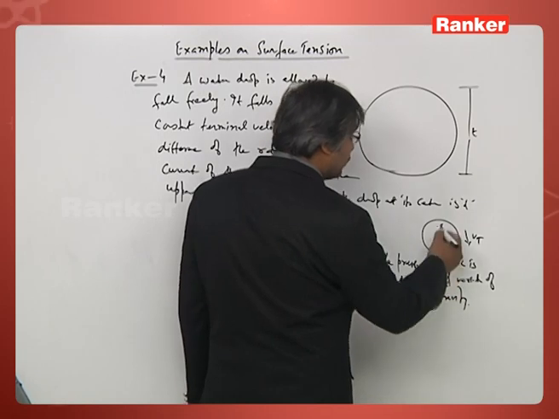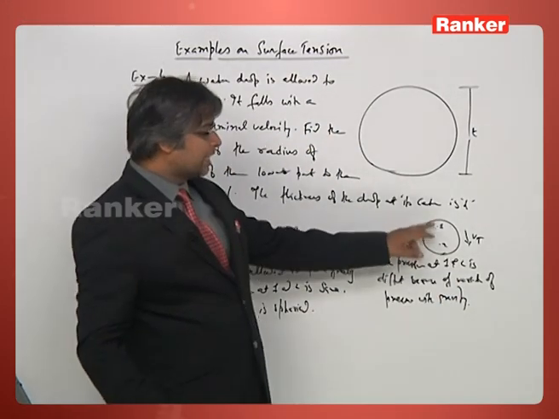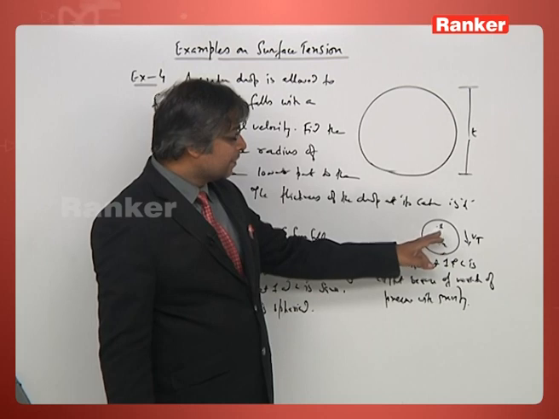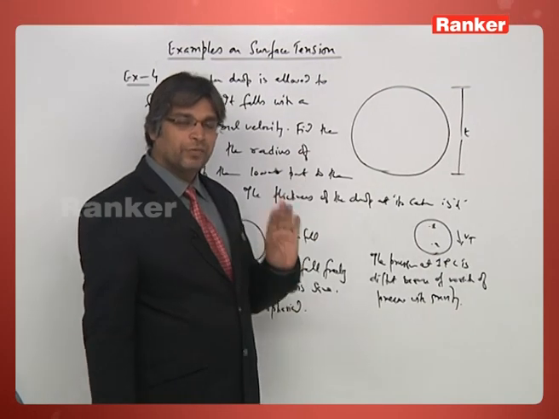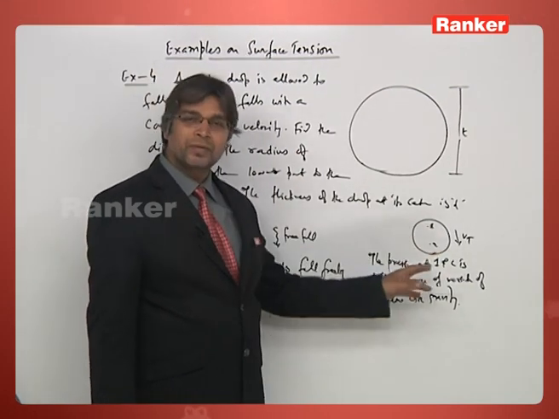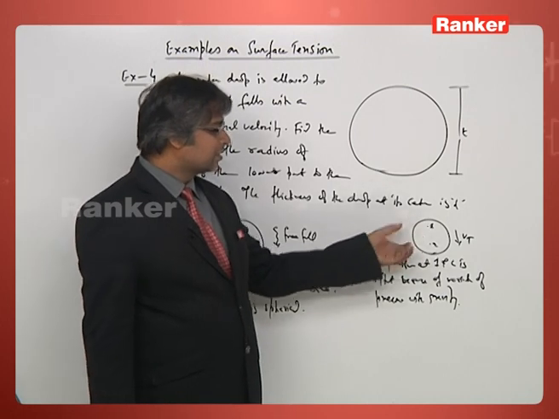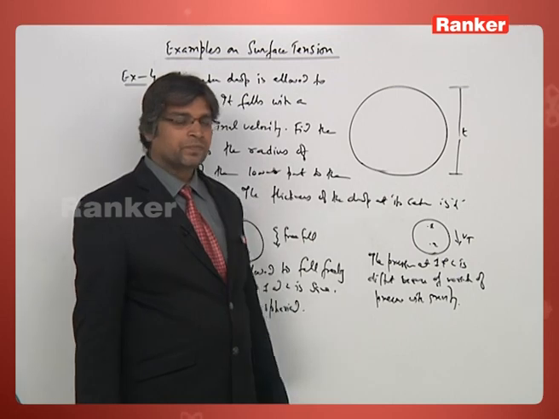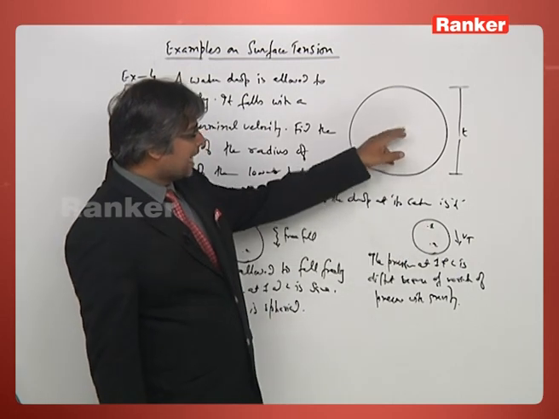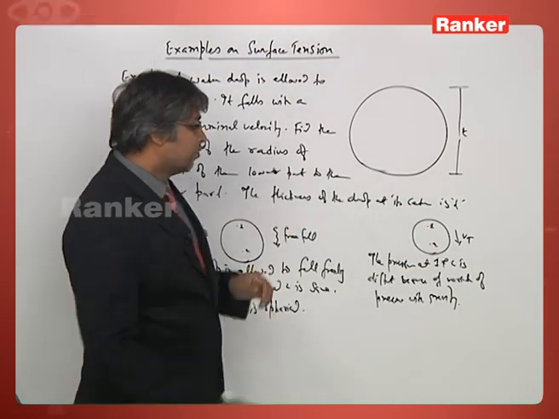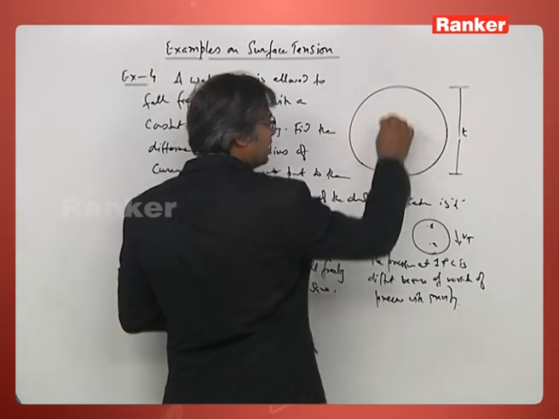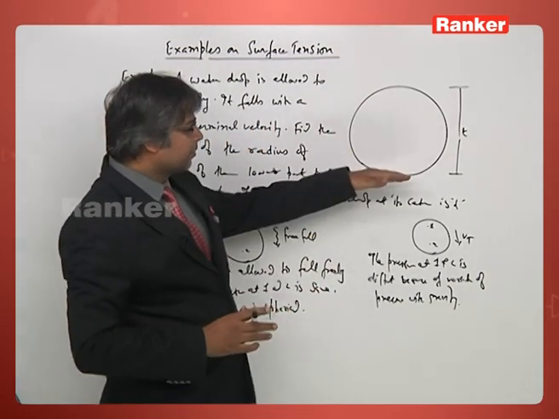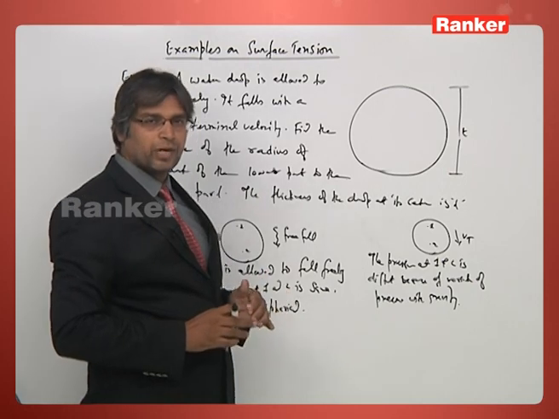They will feel the effect of gravity, and so P1 and P2 will be different, and the shape will not be spherical but a somewhat distorted sphere. So we have to calculate, if it is falling down with a terminal velocity, the difference of the radius of curvature at these two points.